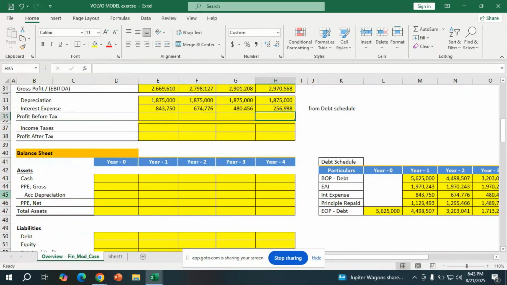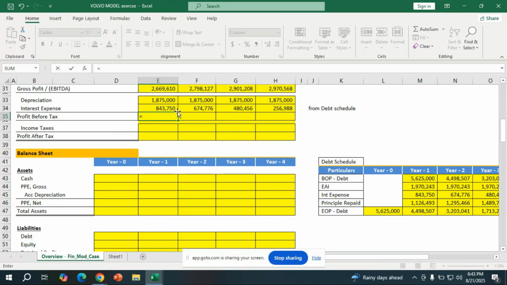Now we are going to arrive at the PBT, which is your profit before tax. Of course, as of now, we get a different amount, but that's fine. So your gross profit is this one, 26 lakh 10,610.